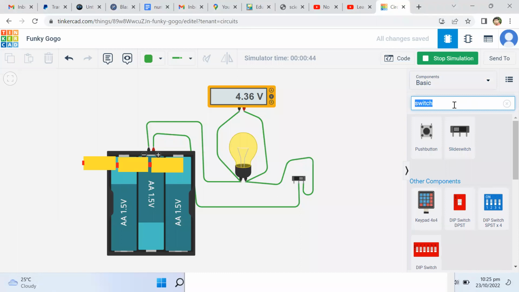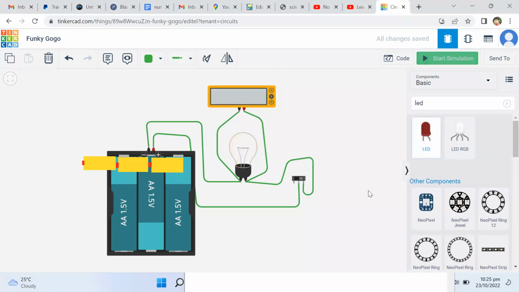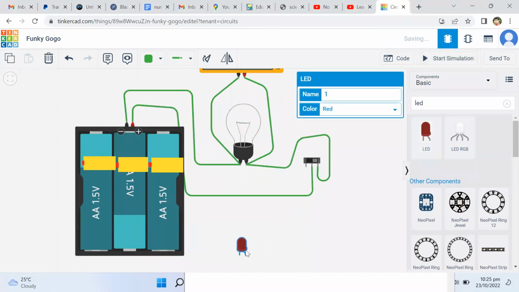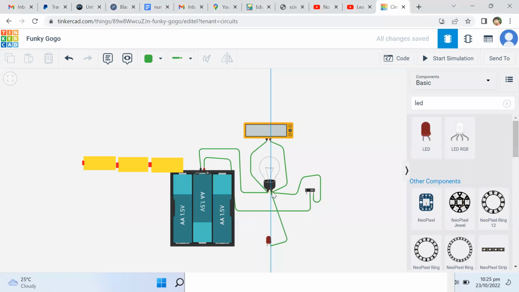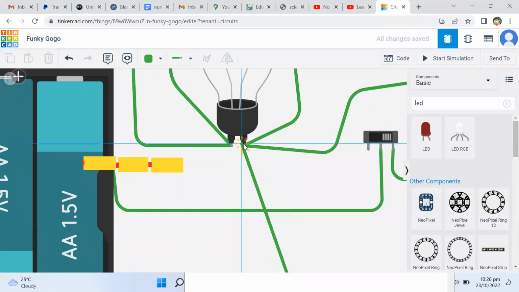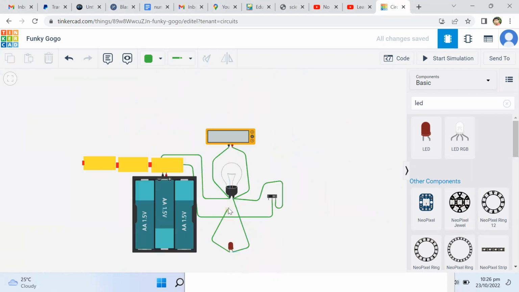You can try that. Let's connect the LED. The positive edge I'm connecting to the positive edge of this, and the negative edge to the negative edge. This is an LED bulb.